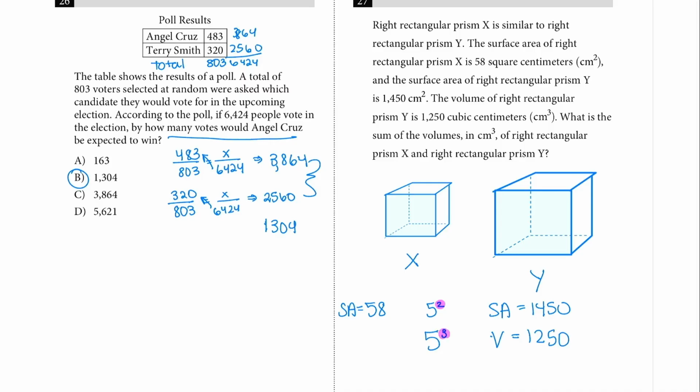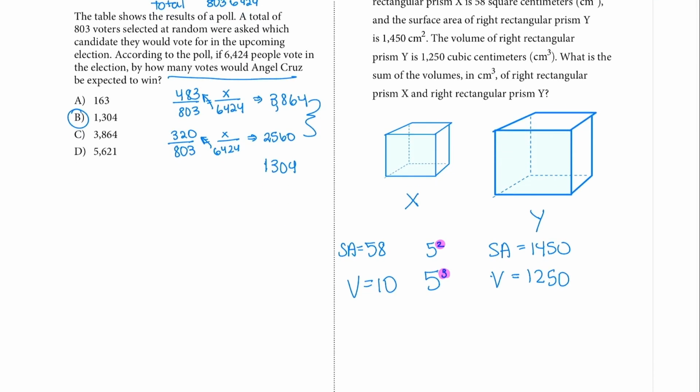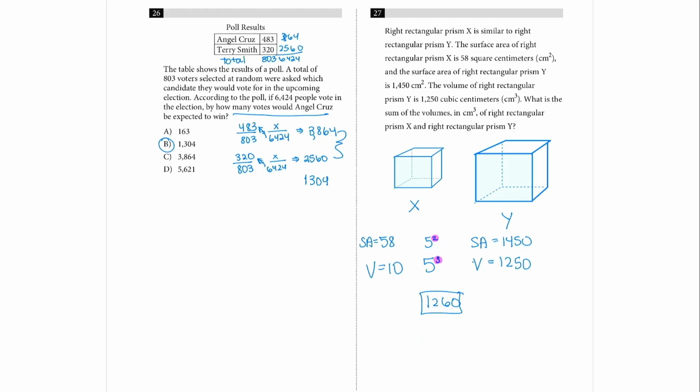So the way that we can solve this is to divide 1250, this number, by 5 cubed, which is 125. So 1250 divided by 125 is 10. Now, the sum of the volumes between the two of them is going to be 1260, and that just comes from adding this to this.